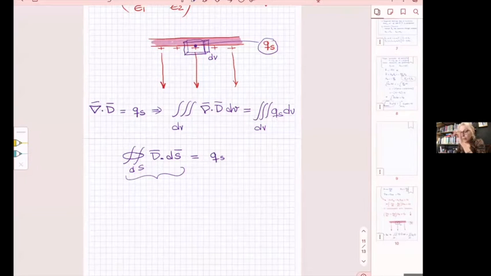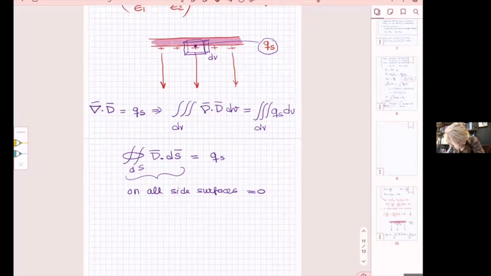But D is only vertical. So on all side surfaces, the contribution of the integral is 0, because D goes vertical, and the side surfaces have a direction perpendicular to that. All right.